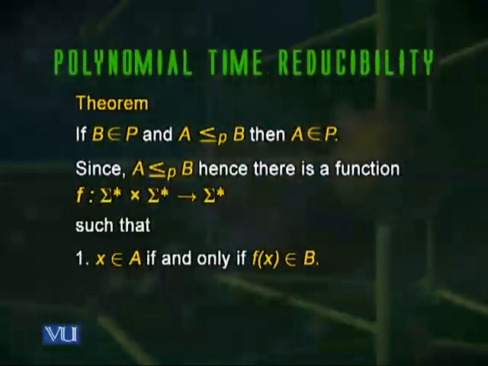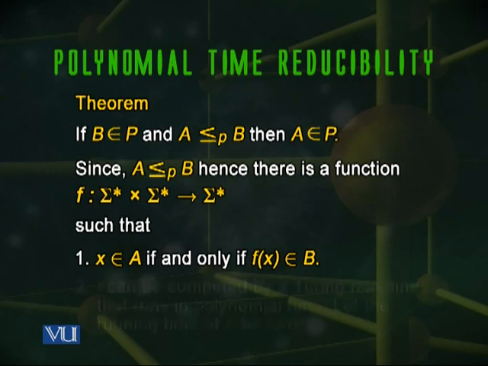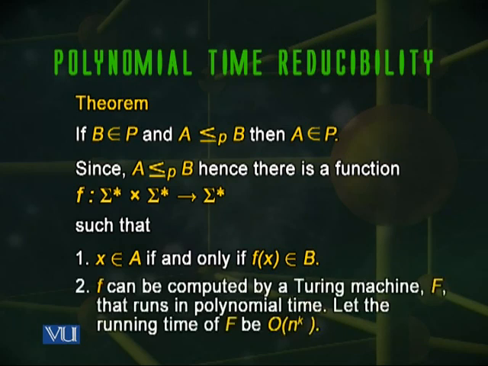So the formal algorithm is, on input x, we compute y equal to f of x. First of all, we notice that since A is reducible to B, there is a function f which maps sigma star to sigma star such that x is in A if and only if f of x is in B. The second thing is f is computed by some Turing machine capital F that runs in polynomial time.